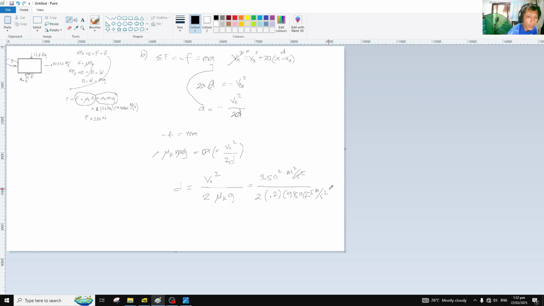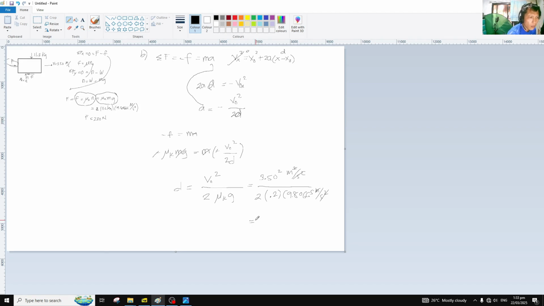So seconds squared cancel, one of the meters is cancelled, so you would have a unit of meters. So that would be 3.50 squared all over 2 times 0.2 times 9.80665, and that would give us, voila, 3.1 in two significant figures.